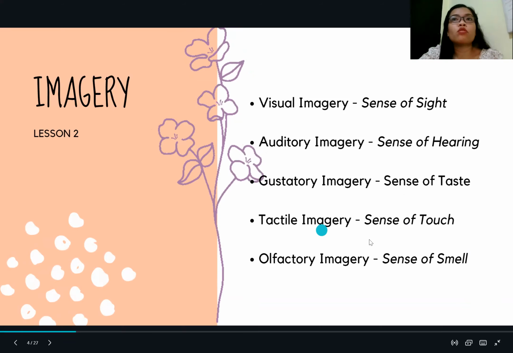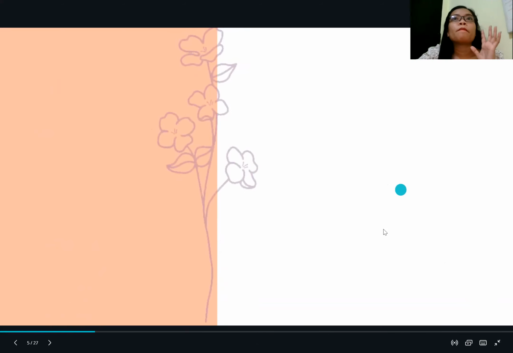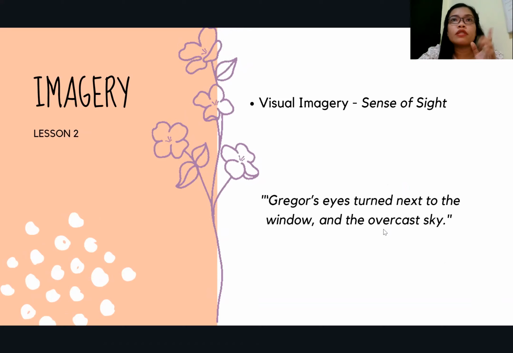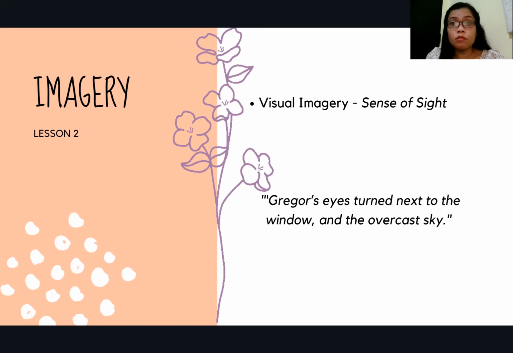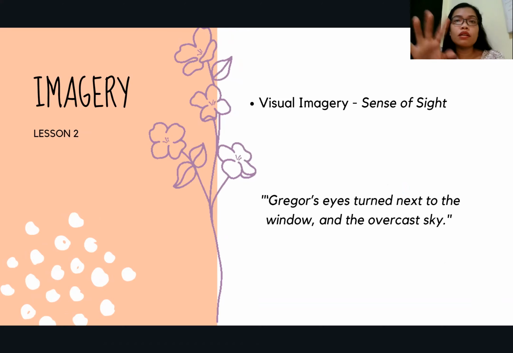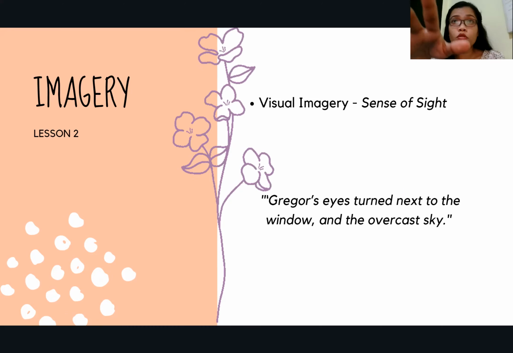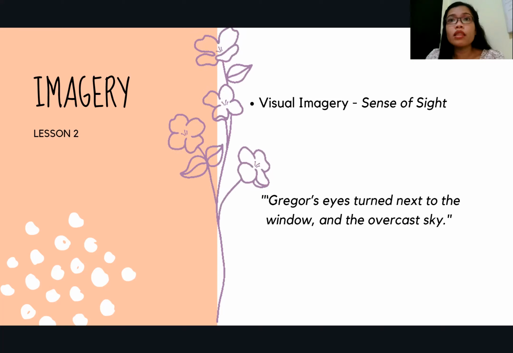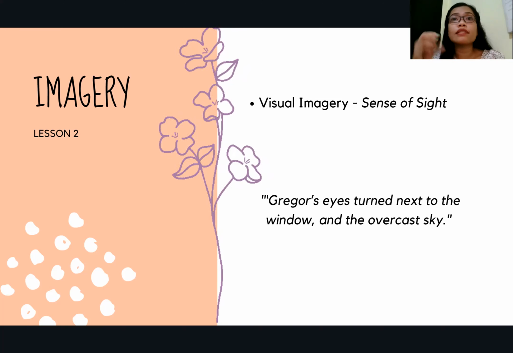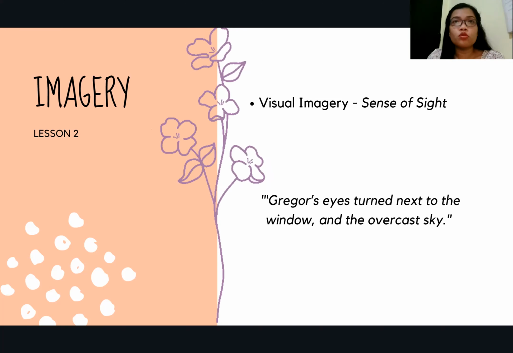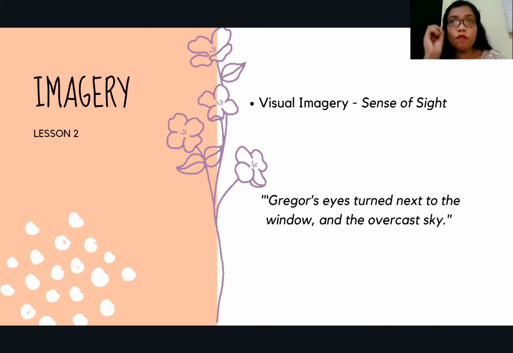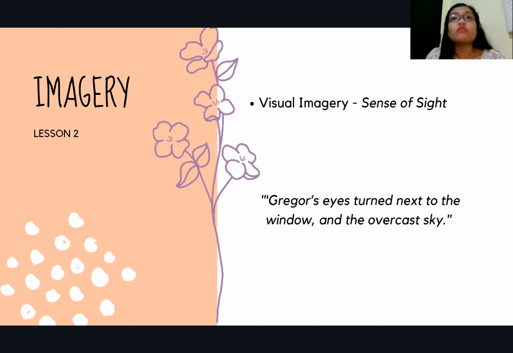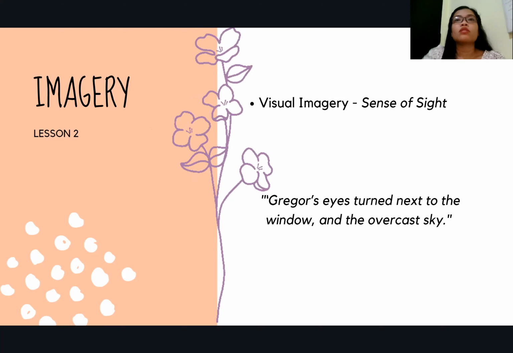Please remember all of these. First is the visual imagery, which is the sense of sight. In this example, you have there, Giger's eyes turned next to the window and the overcast sky. So very obvious, okay? It falls to the sense of sight, which is the visual imagery.